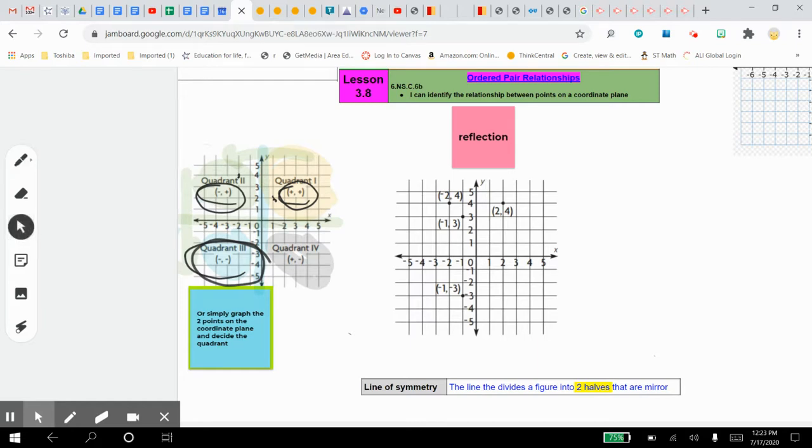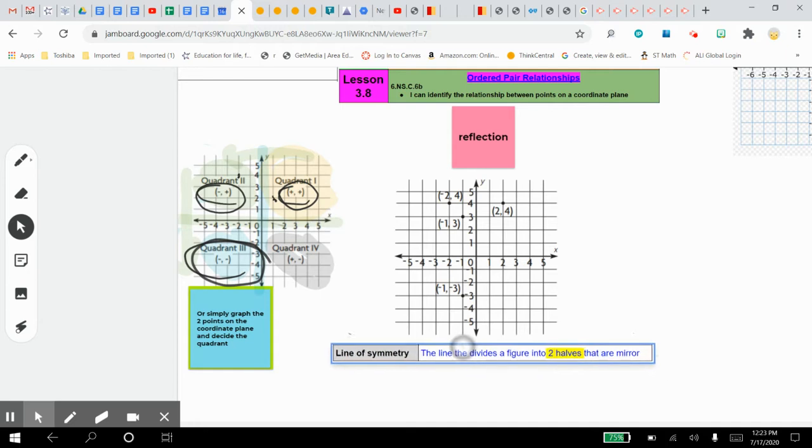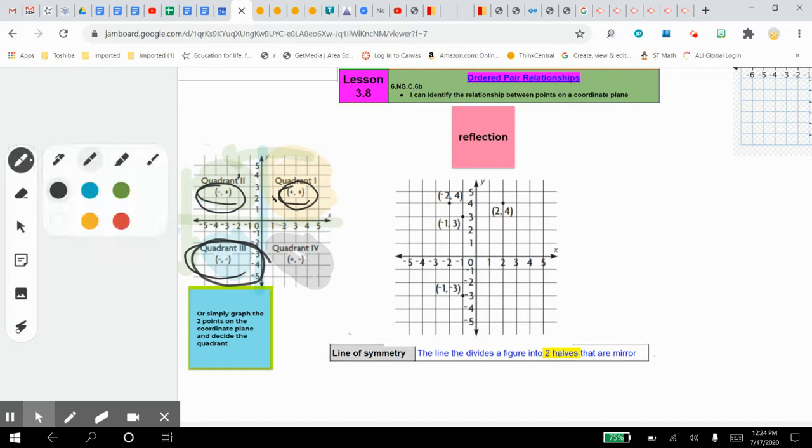So when you have a reflection, you can look at a coordinate plane. The x-axis and the y-axis literally cut everything in half. When something has a line of symmetry, it's the line that divides something completely, totally in half like this.